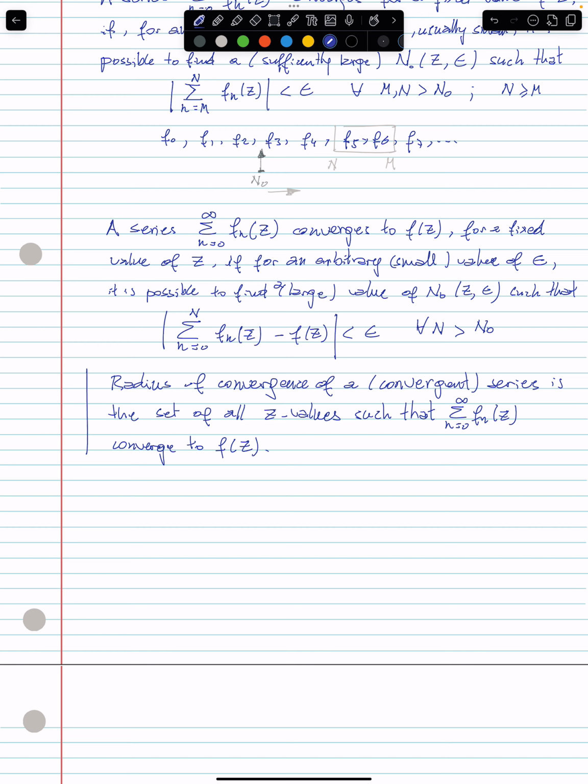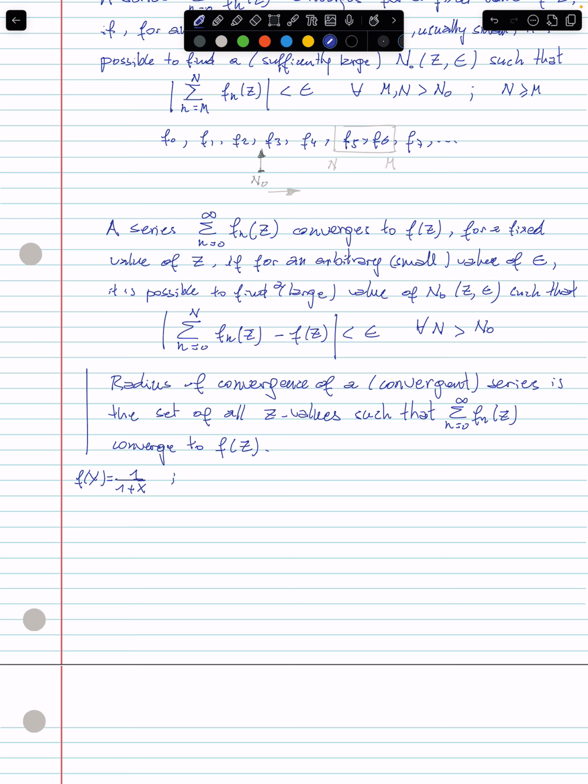I have no very good example to share with you, but for instance, just remember on the real axis, if you want to consider a representation of 1 over 1 plus x, that would be our function of x.